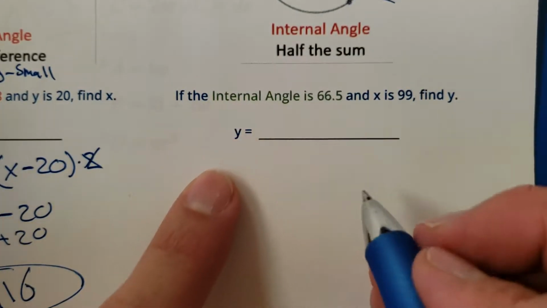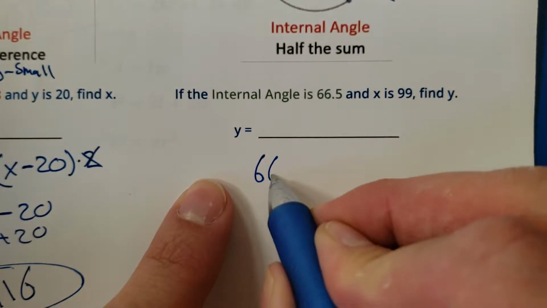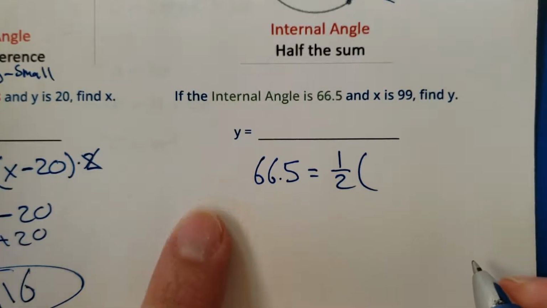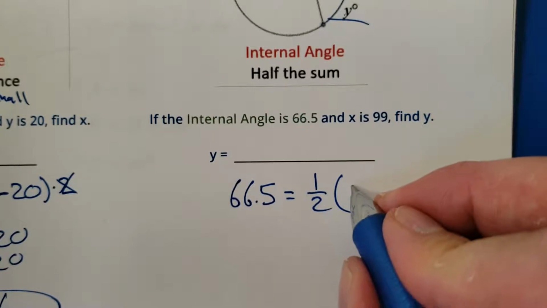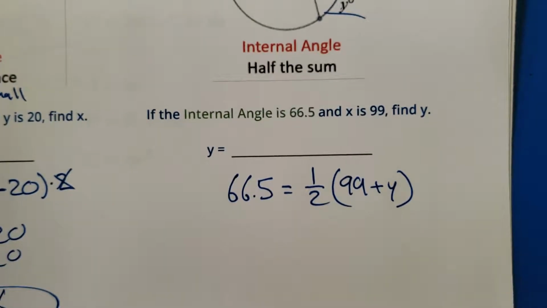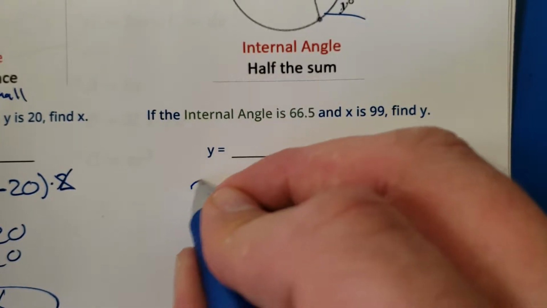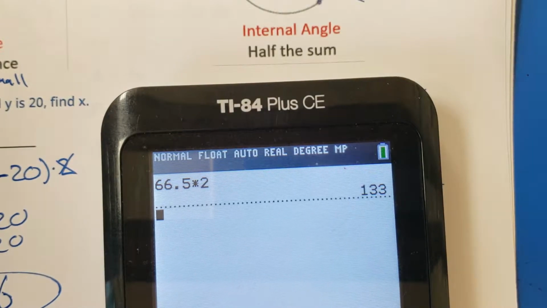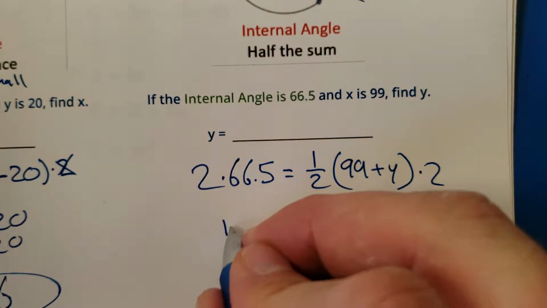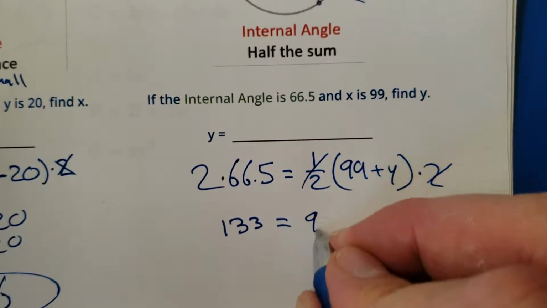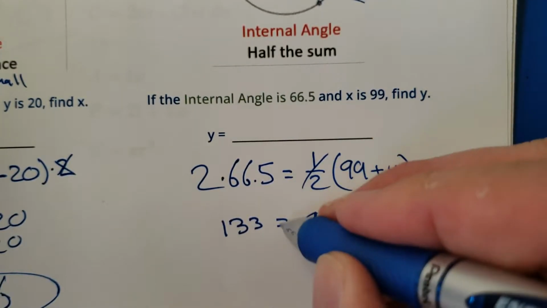The internal angle is 66.5. So 66.5 is going to equal half the sum of x and y. X is 99 and y we don't know yet. Same move. Double it. 66.5 times 2 is 133, which is going to equal 99 plus y.